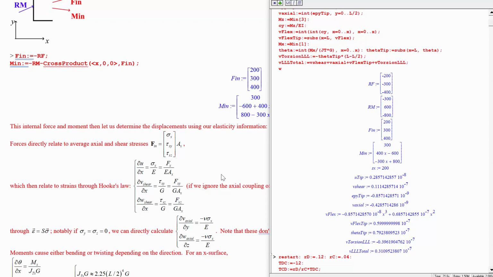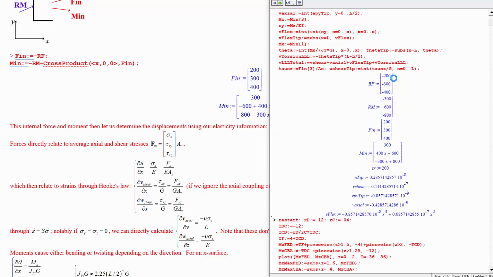So W, well, first we'll figure out tau x in the Z, which is equal to the internal force's third component, and then we'll get that divided by the area of x, but the area of x is just 1, and we can say that the shear displacement, W shear at the tip, would be equal to the integral of tau x in Z divided by g from x is equal to 0 to L. So this thing is just a constant.